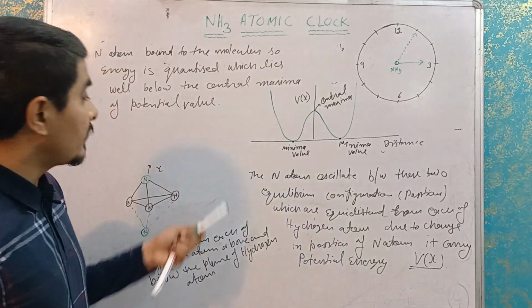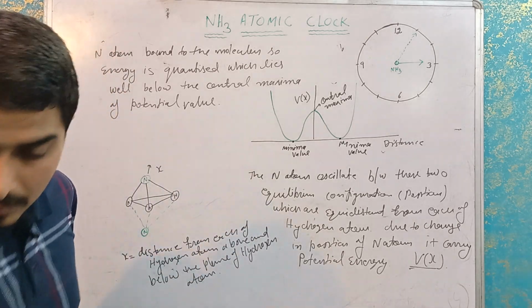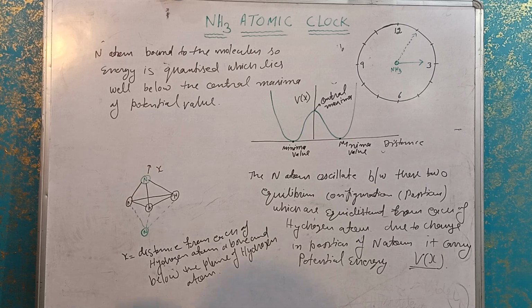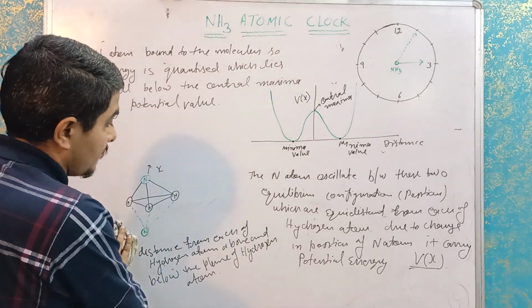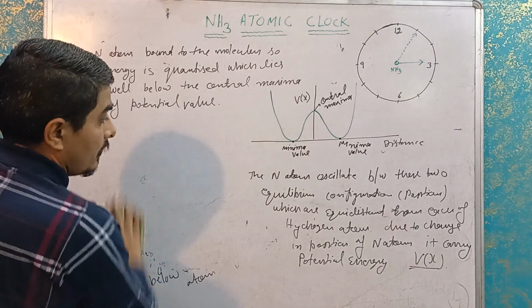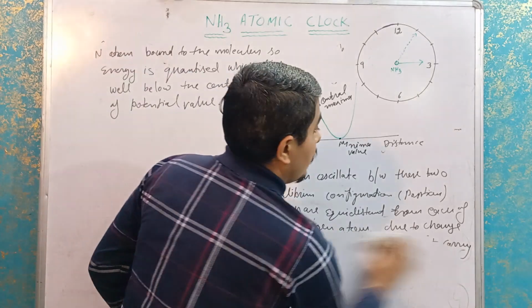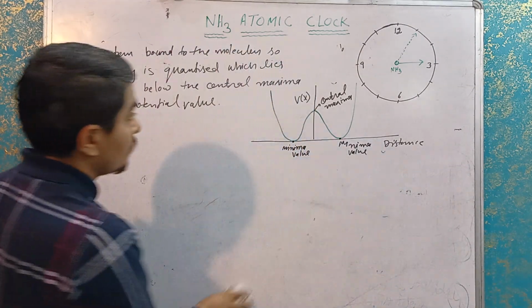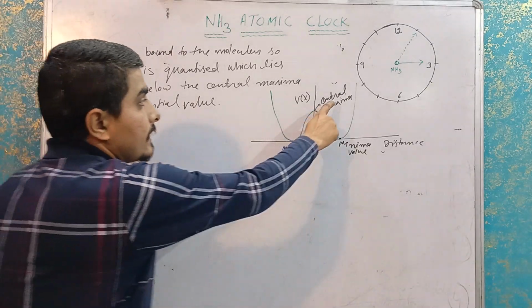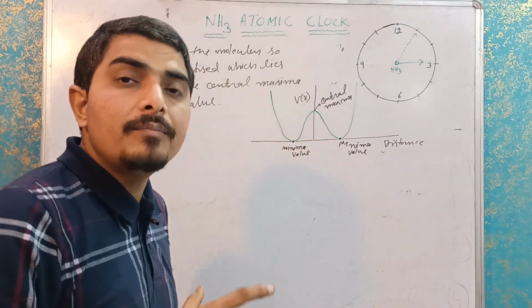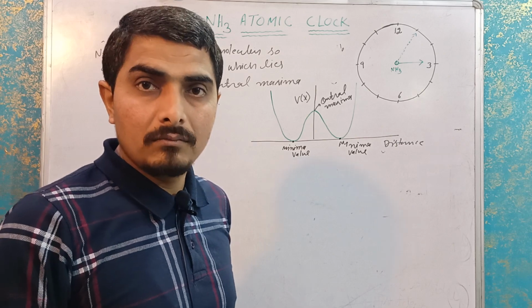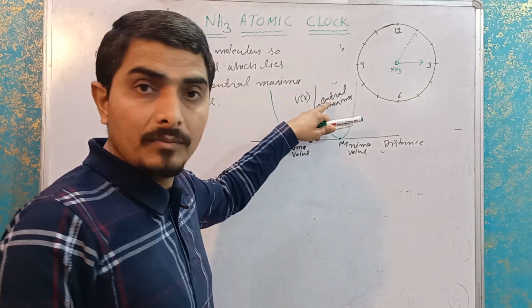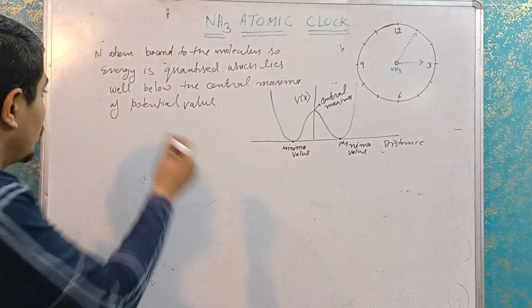Now take your screenshot. And this central maxima creates a barrier to the nitrogen atom.